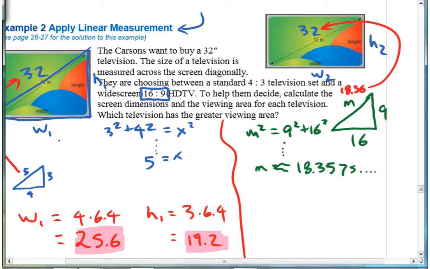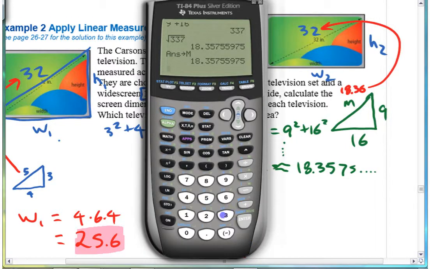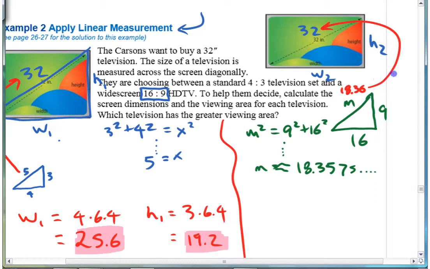If you divide those numbers, 32 divided by that number, I can put answer here. There we go. So it's approximately 1.743 whatever. 1.743. That's the scale factor over here.